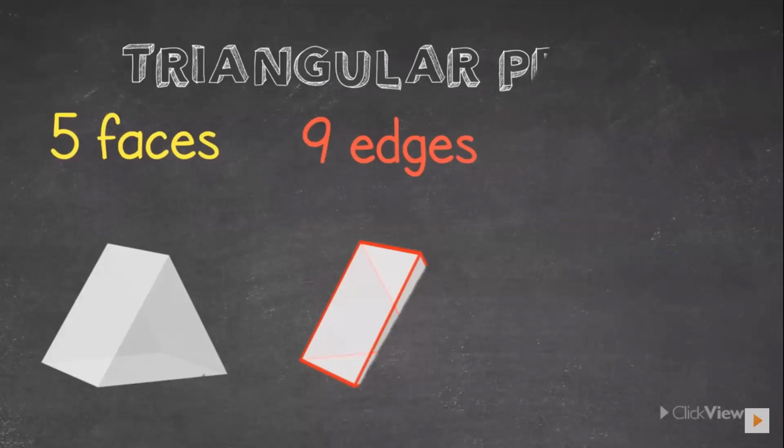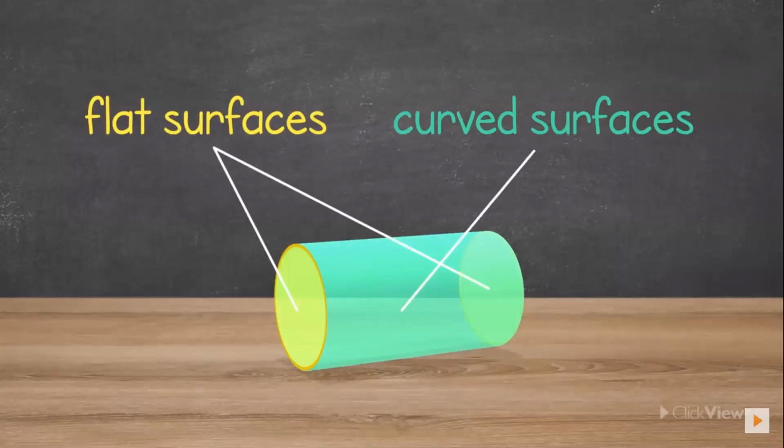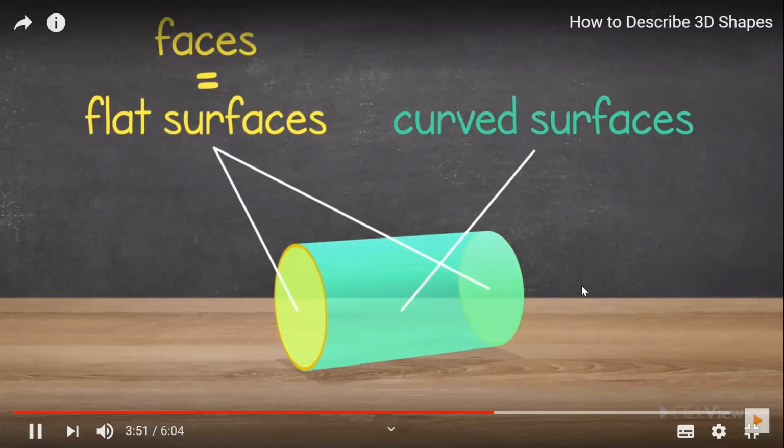However, some 3D shapes have more than just flat surfaces. Some have curved surfaces, but we don't call them faces because faces are always flat. You see here? The cube, the rectangular prism, and the triangular prism all have flat faces.